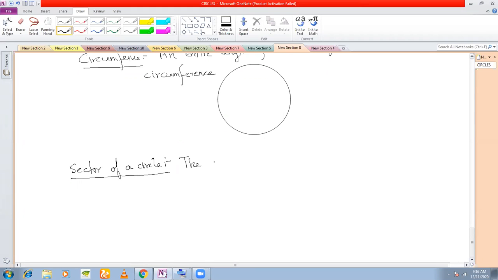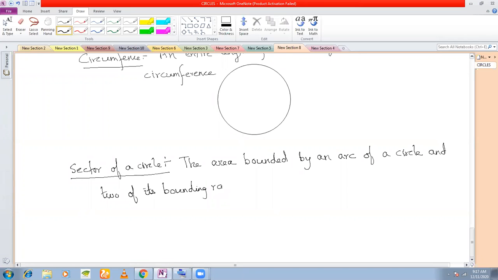The area bounded by an arc of a circle and two of its bounding radii is called a sector of a circle.